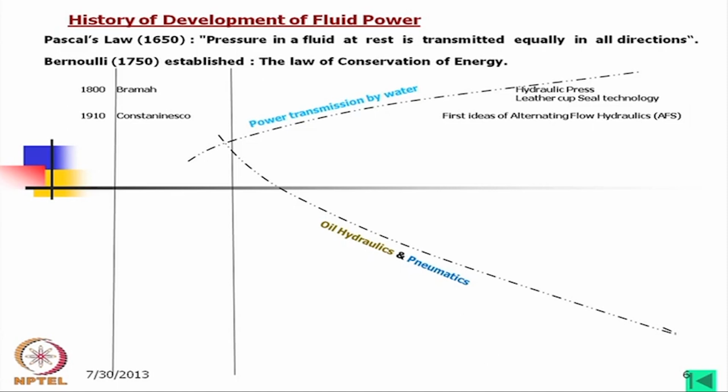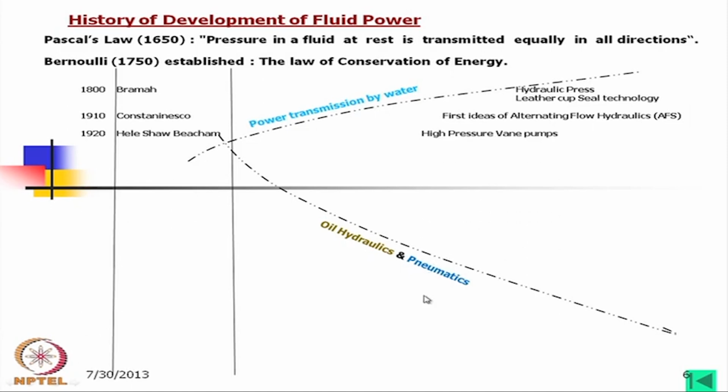This means that this is not alternating flow hydraulics, rather it is direct flow hydraulics, whereas Constantinesco proposed the alternating hydraulics. However, that never popularized because of some engineering problem.